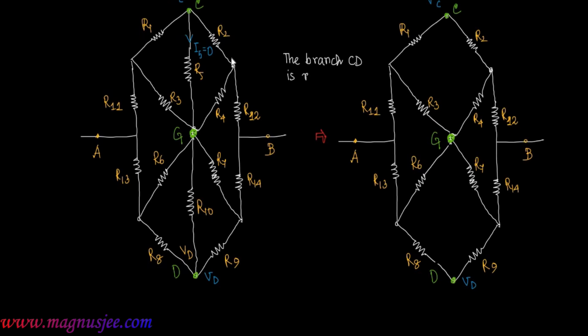The branch CD is removed from the network as it becomes ineffective.